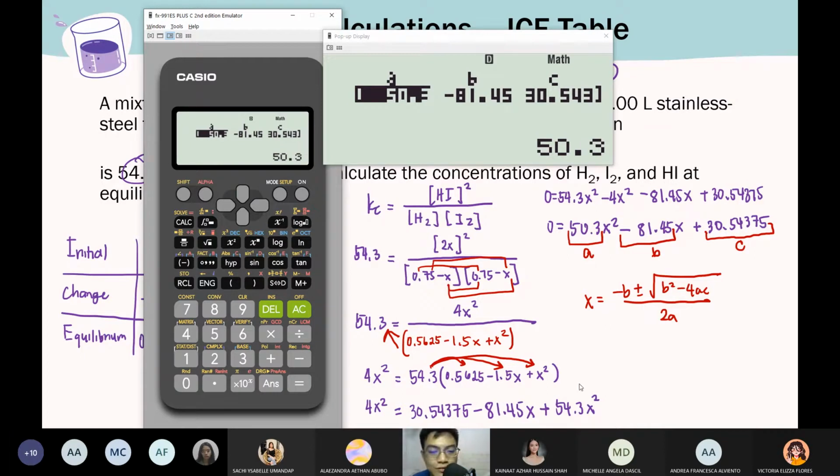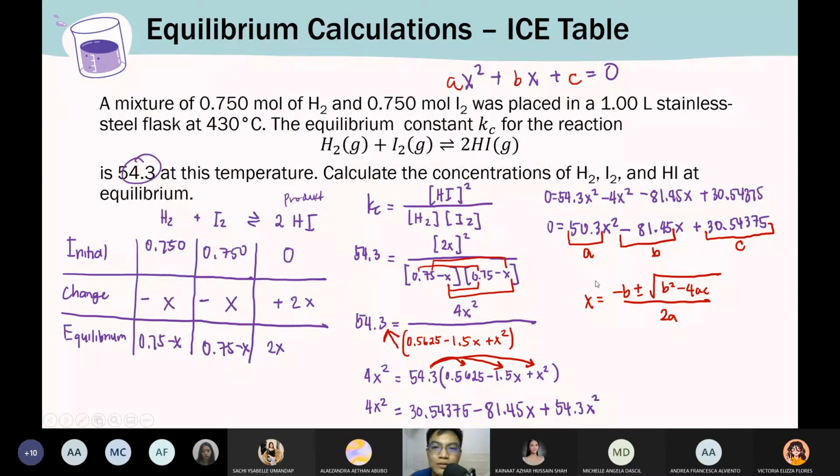Okay, so how many roots, okay, ang meron sa isang equation? Basically, kung ano yung exponent, yun yung root, no? So we have x squared, and the graph of a square looks like this. So you can see it passes twice on the x-axis, so you have two roots, x1, x2.